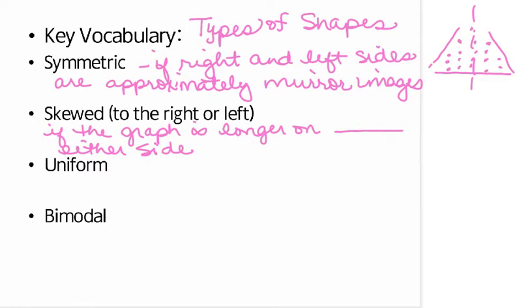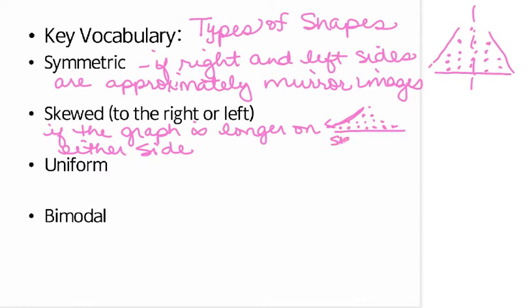So if I have a graph like this, this is going to be skewed to the left because the longer tail is on the left.